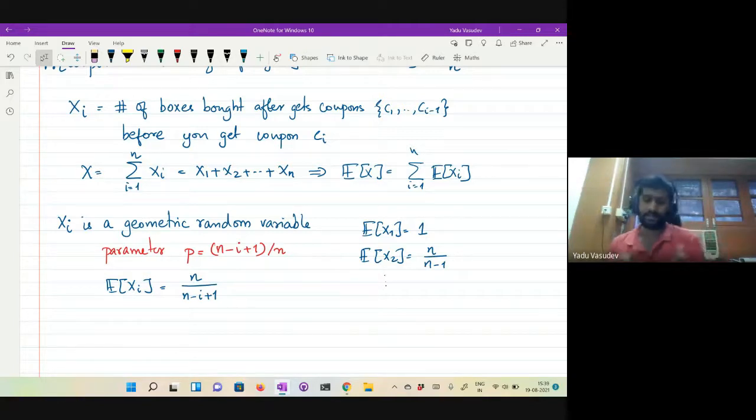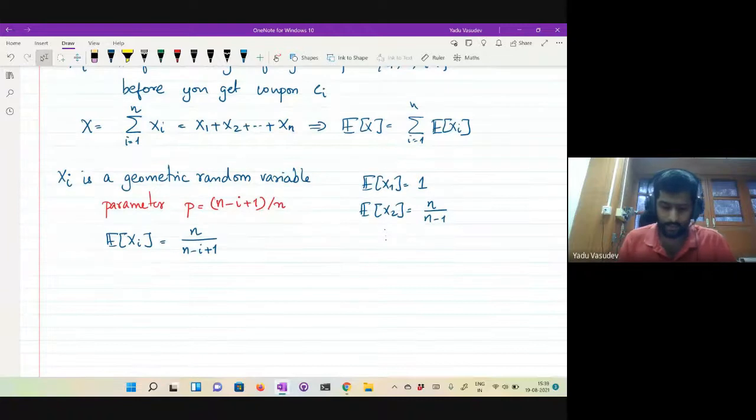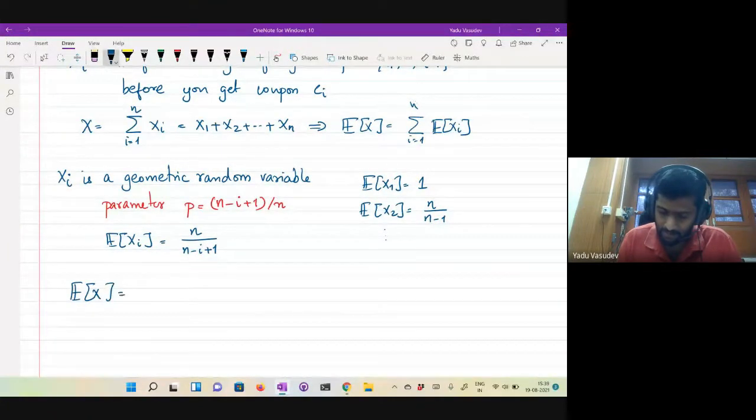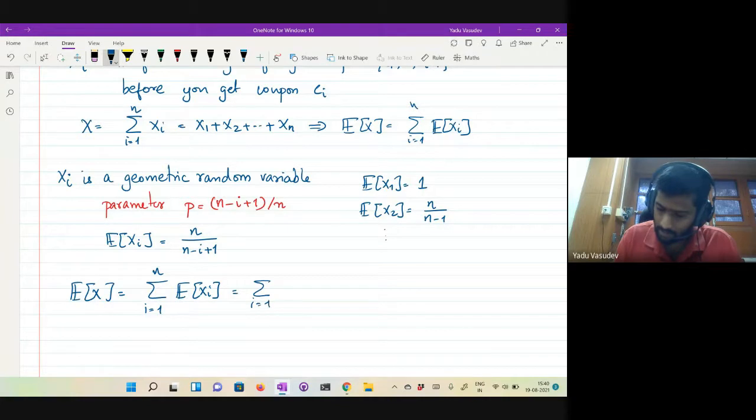When you get some of these calculations, it's always good to check whether the formula that you get actually makes sense. And this is some sort of a sanity check that you can do. So expectation of xi is n divided by n minus i plus 1, and therefore you can just write this value. So expectation of x is the summation of expectation of xi, i going from 1 to n, which is n divided by n minus i plus 1.